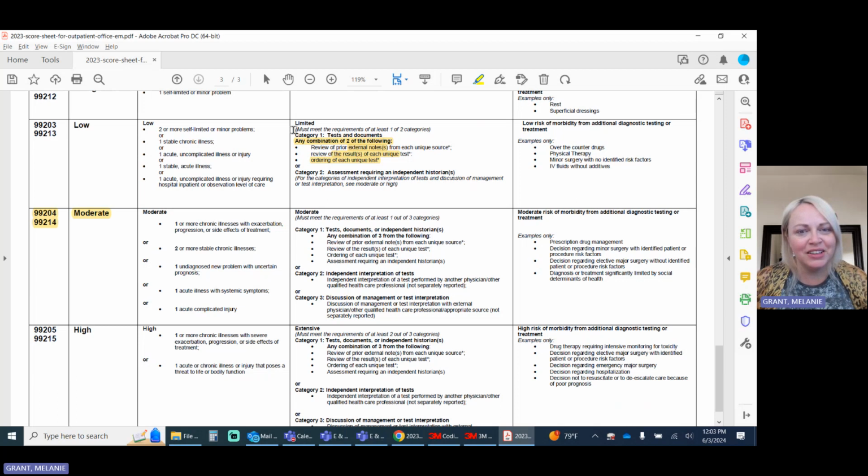The next area that you could look at, so you have 2 categories and you have that nice little or here, right? So: assessment requiring an independent historian. This is one of the most simple areas to capture, and I see a lot of times in documentation where it's not. In order to capture this, the doctor has to document who the independent historian is and that it was required for them to understand what was going on or that the patient needed them.